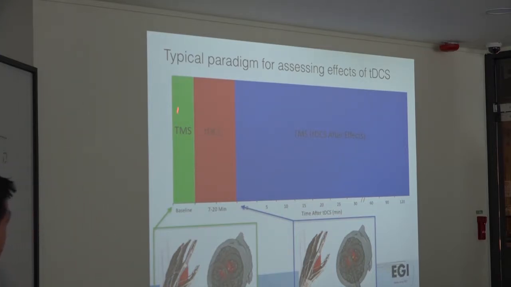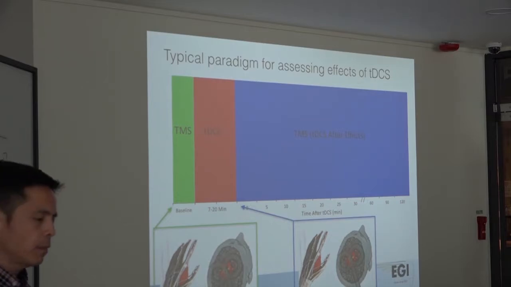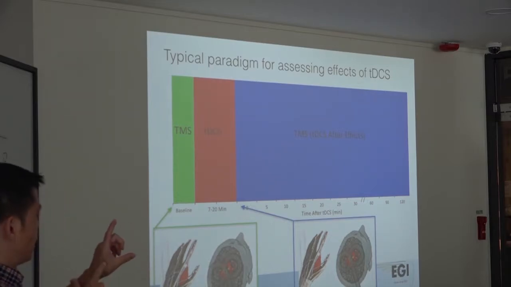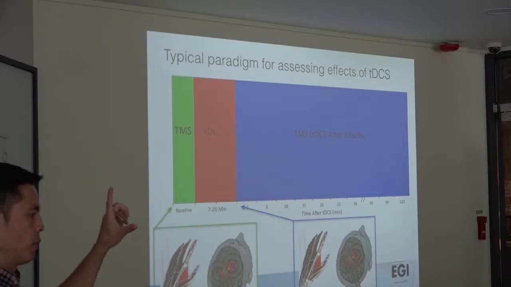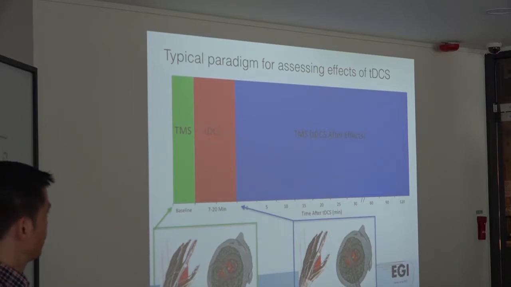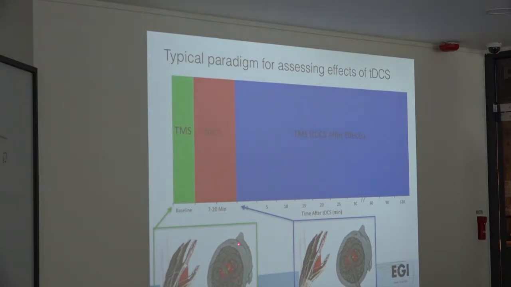You use that to establish a baseline. So let's just say 80% of the maximum power of the TMS produces 1 millivolt of movement as measured. That's your baseline.